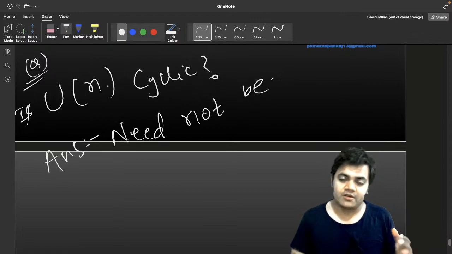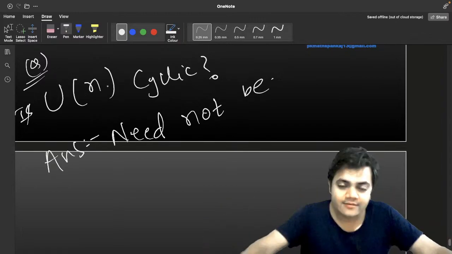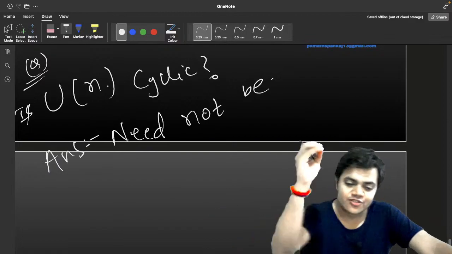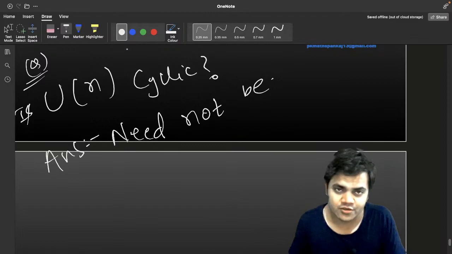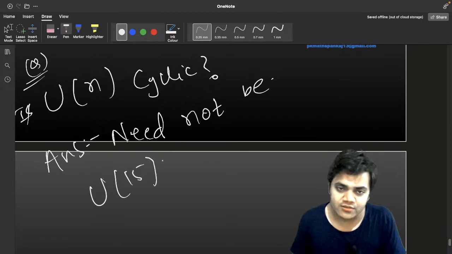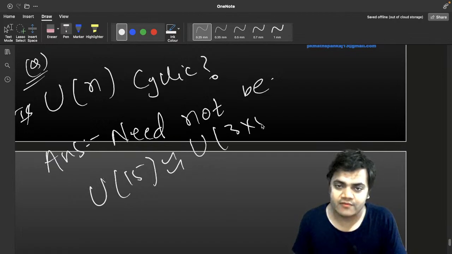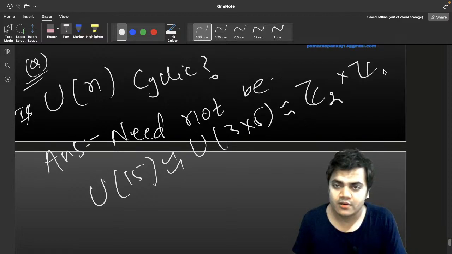If your n is of a particular form, then it will be cyclic. But in general, for U(n), the answer is that it need not be a cyclic group. For example, if I ask you about U(15), this is the product of two primes, 3 and 5, and certainly this will be isomorphic to Z2 cross Z4, isn't it?